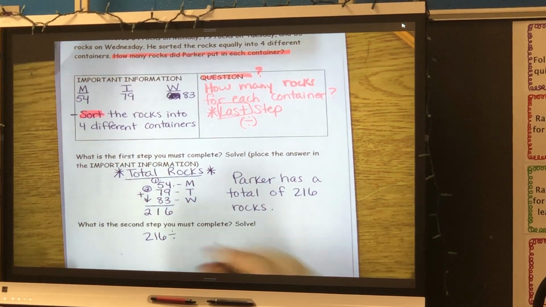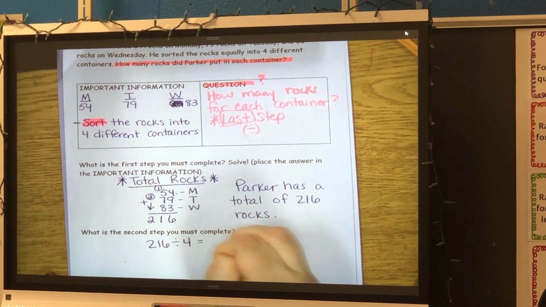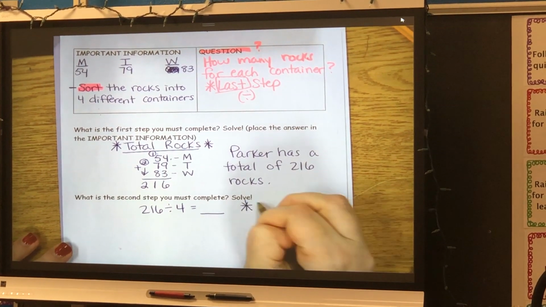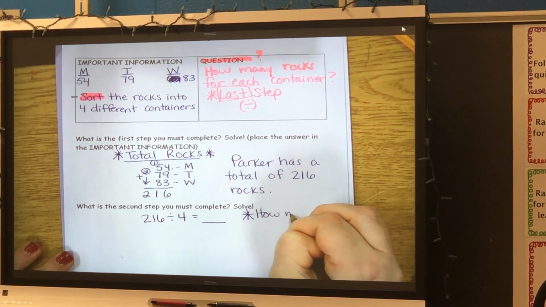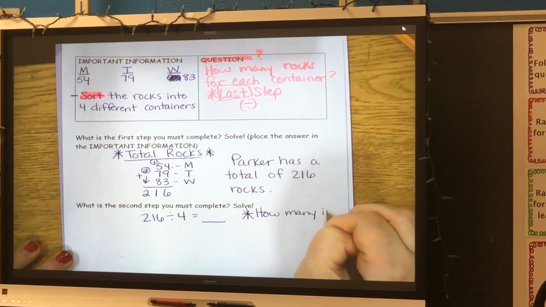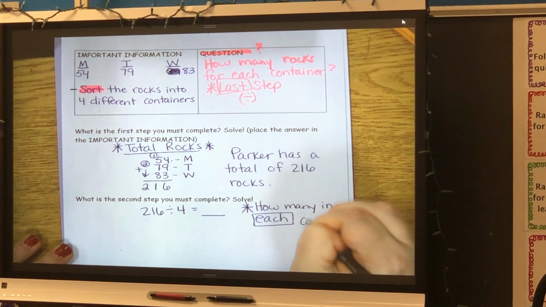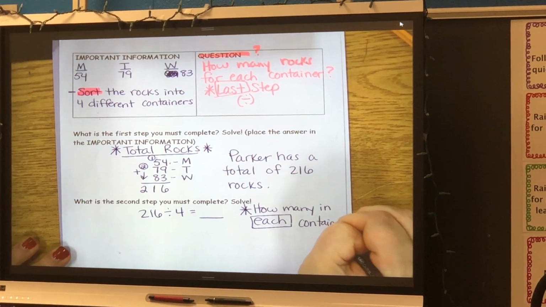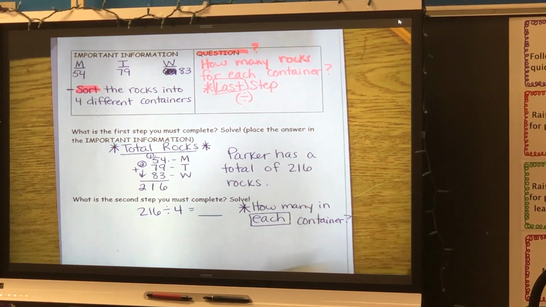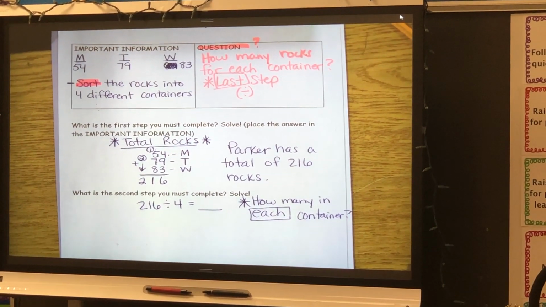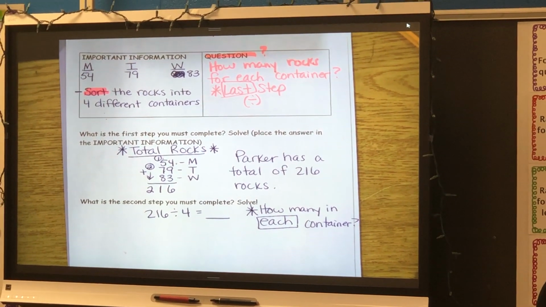Divide by 4, 4 different containers. Because we're finding on our second step how many in each container. We know the total and we know the number of groups, we just don't know how many are going into each group.